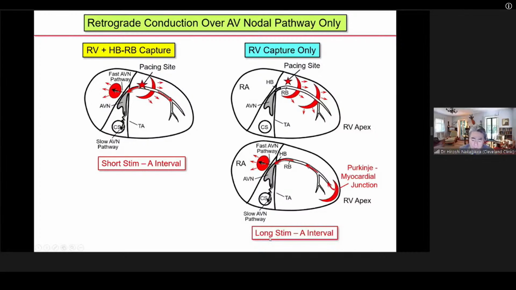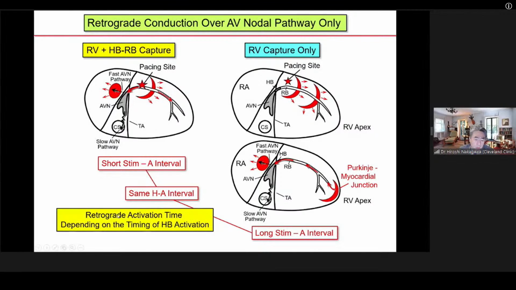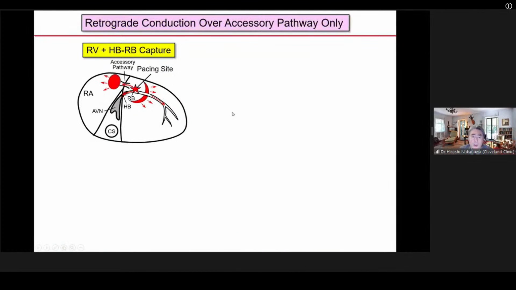So in this situation, the stimulus-A interval is prolonged. However, if you measure the retrograde HA interval, it should be the same, and the retrograde atrial activation time depends on the timing of the HV activation. And of course, the activation sequence is going to be identical with or without His capture.